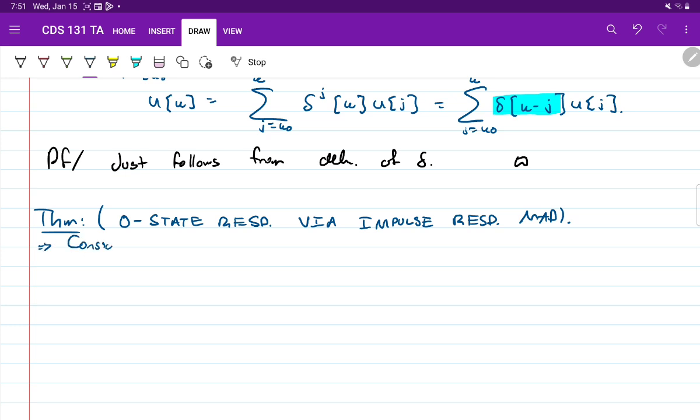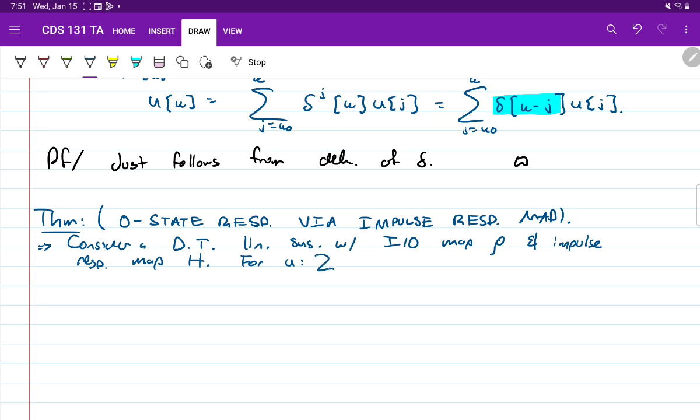Okay, so here's the statement. Consider a discrete time linear system with IO map rho and impulse response map H. So for an input signal U defined on Z greater than or equal to K naught into Rm, we have the following.